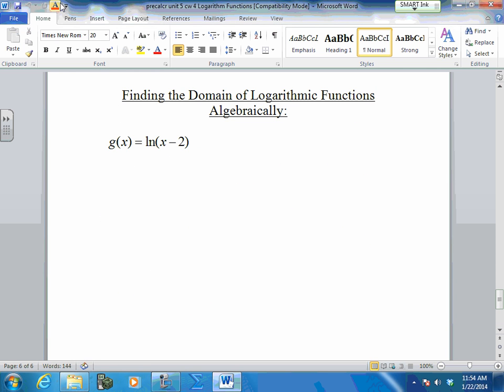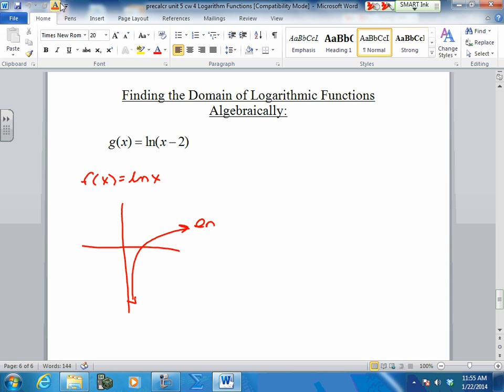We have time? All right, we have a couple minutes. Now, your domains work right off of your transformations. Your ln's work the same as your logs. They are also logs. So your parent graph for this would just be ln x. They work just like a log. Remember we looked at it. Because your base e works just like an exponent of a 2 base or 3 base. Same thing.